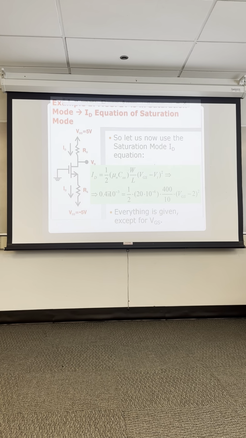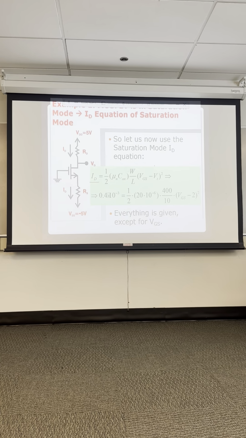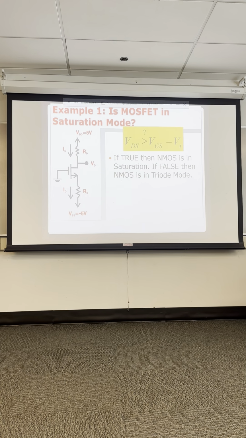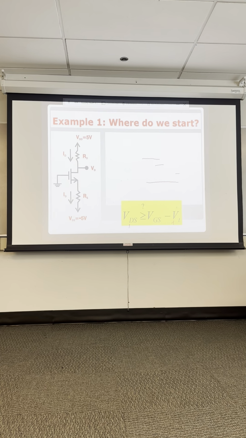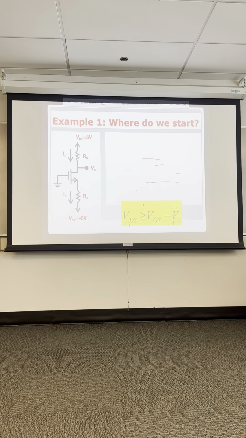So the drain current was given as 0.4 milliampere, and mu_n C_ox, we'll go back and check it. mu_n C_ox is 20 microamps per volt squared.